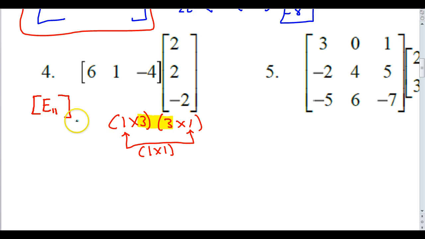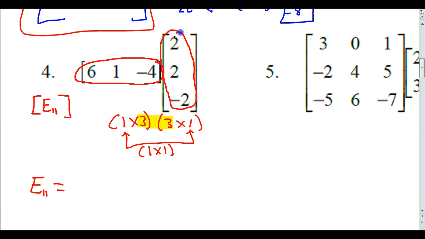So basically, to find the answer, I just need to find this one thing. And this 1, 1 means row 1 times column 1. Well, guess what? This is row 1, and this is column 1. Row 1 is 6, 1, -4.